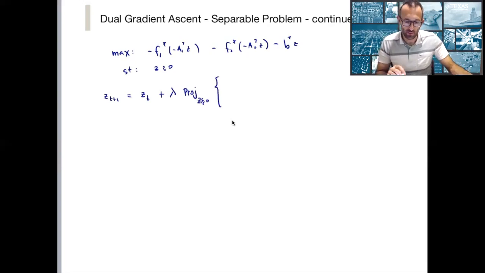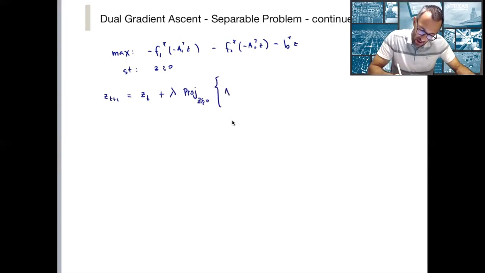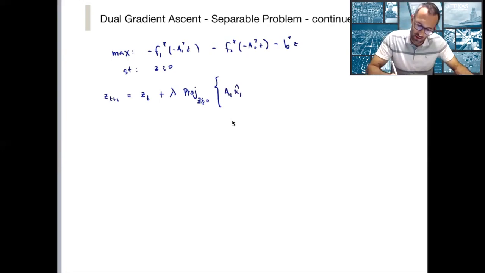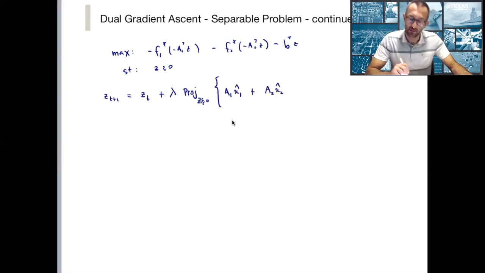What's in the subdifferential of the above? Again, exactly the same mechanics that we had before. The chain rule is going to bring out a minus a1 and a minus a2. So I'm going to have a1 times x1 hat, where x1 hat is in the subdifferential of f1 star, plus a2 x2 hat, where x2 hat is going to be in the subdifferential of f2 star, minus b.